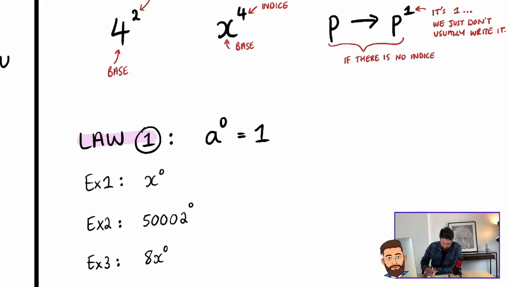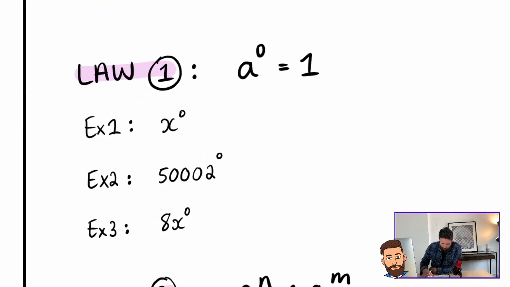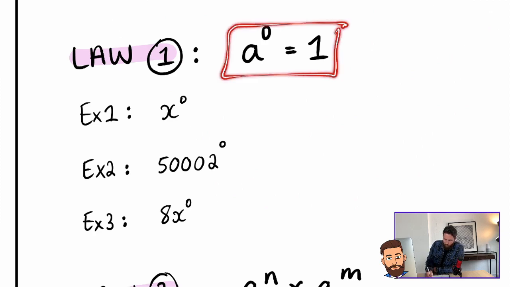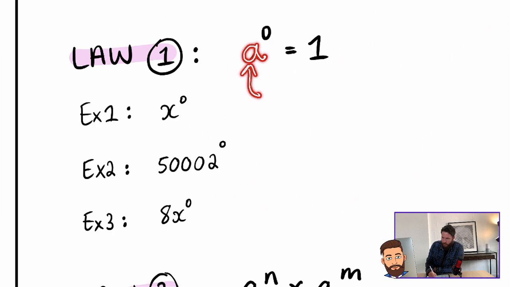So, the first and most basic law there is, and law is just a word for rules, is a to the power 0. And these laws that I'm going to give you will be written with a's. That is just a way to say we could replace this a with any number. So it's a generic way to write it so you can apply it to anything.